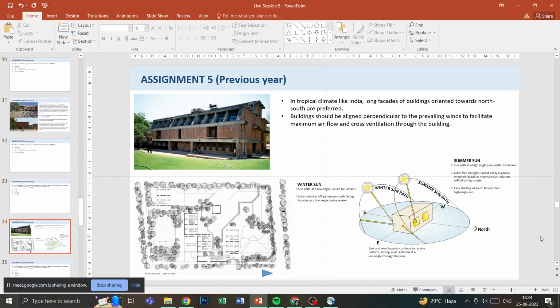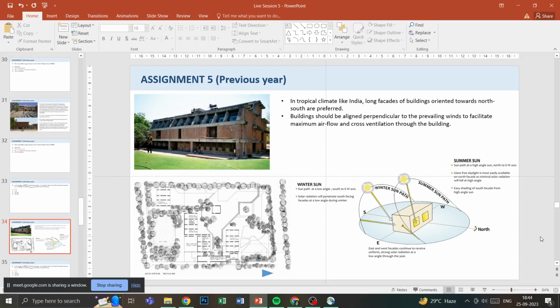And also buildings should be aligned perpendicular to the prevailing wind direction to facilitate maximum airflow and cross ventilation through the building. So in whichever direction the prevailing wind is, the building should always be aligned perpendicular to it, because that maximizes the airflow.